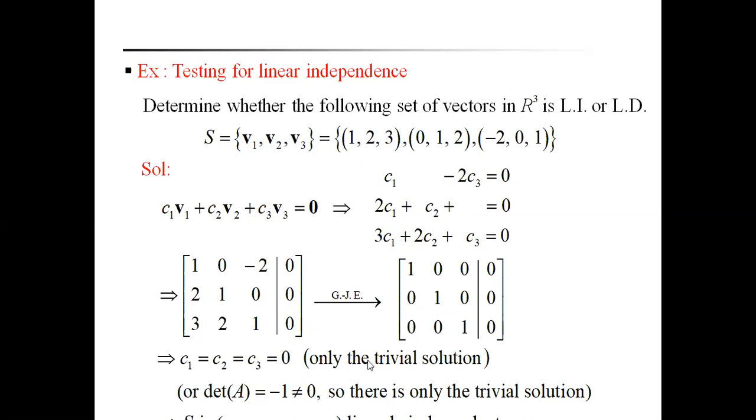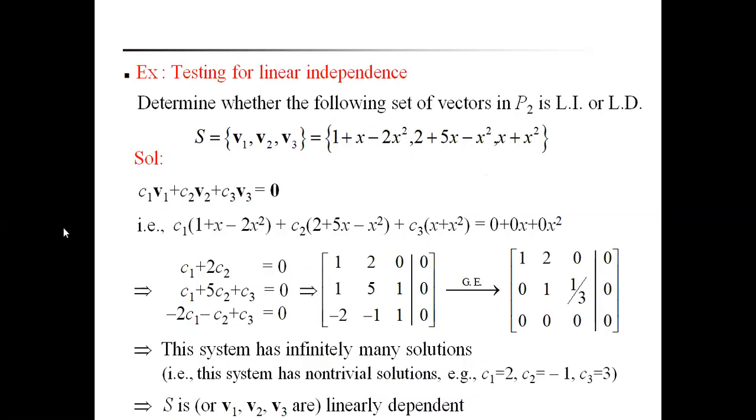Therefore, it has only the trivial solution. Already you know the definition: all constants should be 0. Then we say that the set of vectors forms a linearly independent set, because C1, C2, C3 equal to 0 and the system has only the trivial solution. Then the set of vectors S equal to V1, V2, V3 forms a linearly independent set.